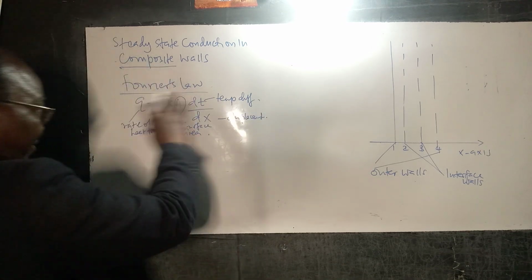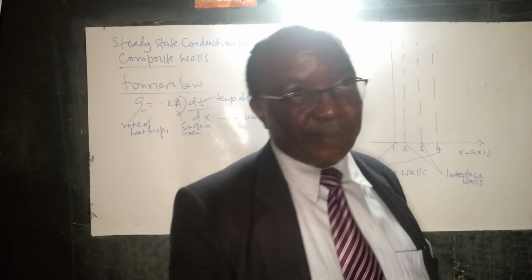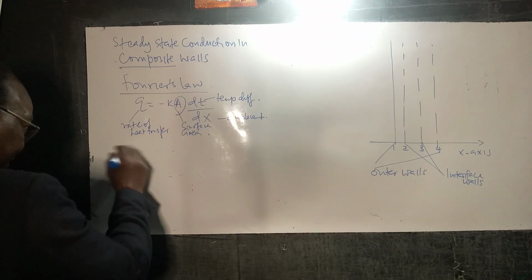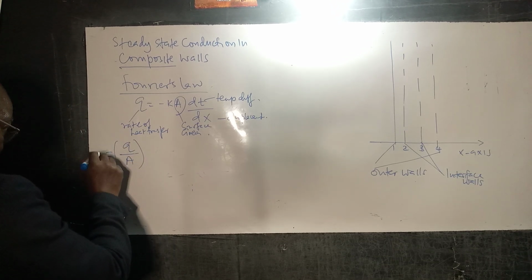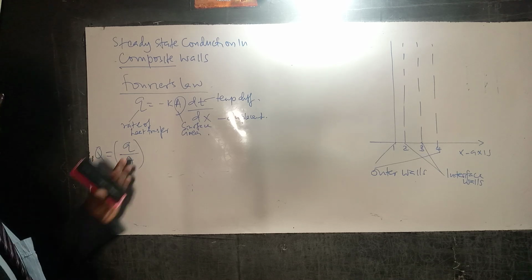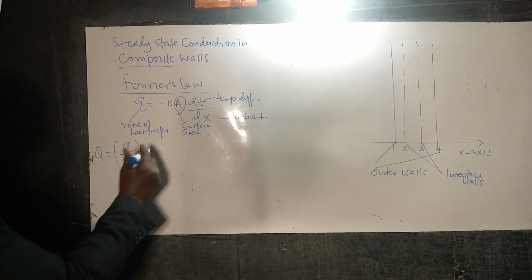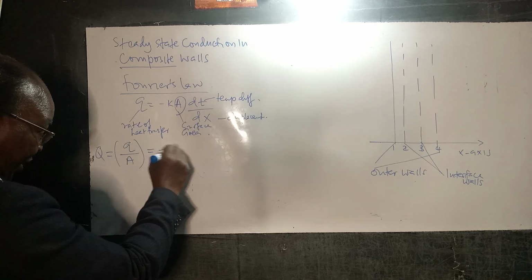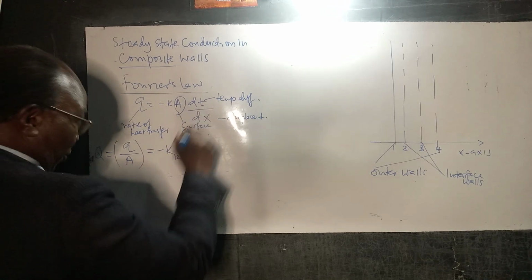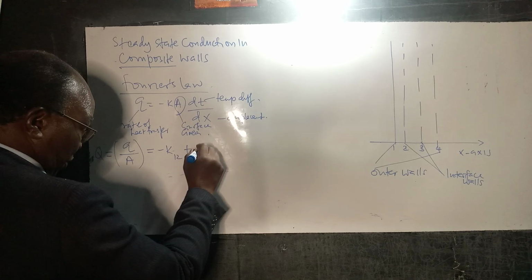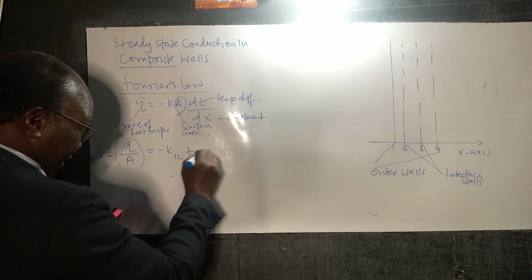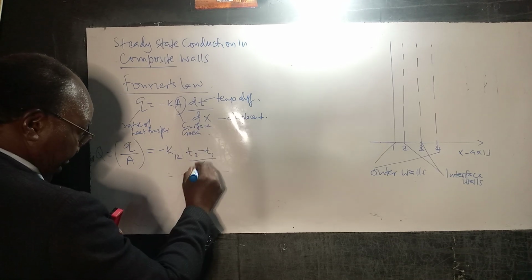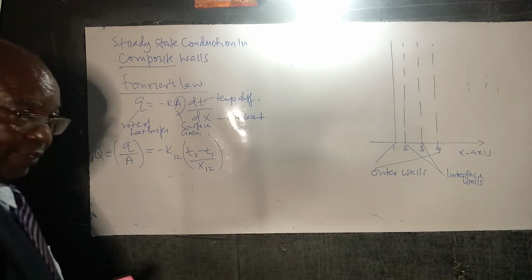Now, if we apply the Fourier law to this particular system, let's take care of the A, because we're assuming they have the same surface area, so let's just have Q, uppercase Q. This Q equals Q over A, that equals minus K12 into T2 minus T1 over X12 in terms of the displacements.